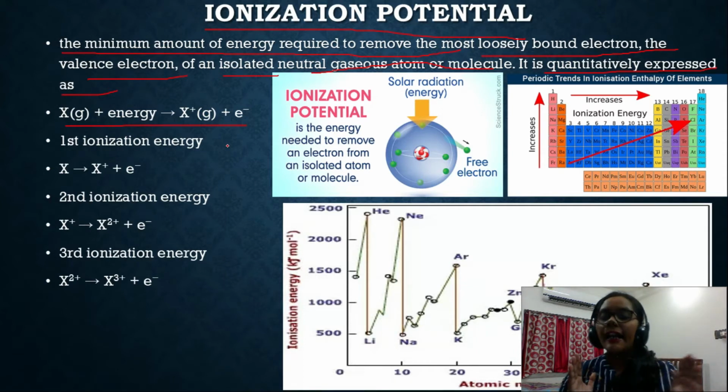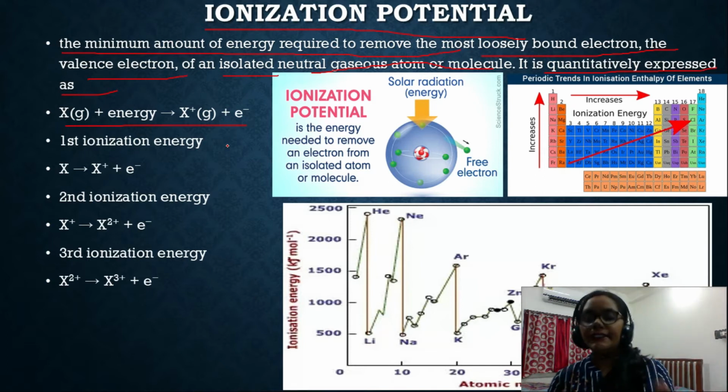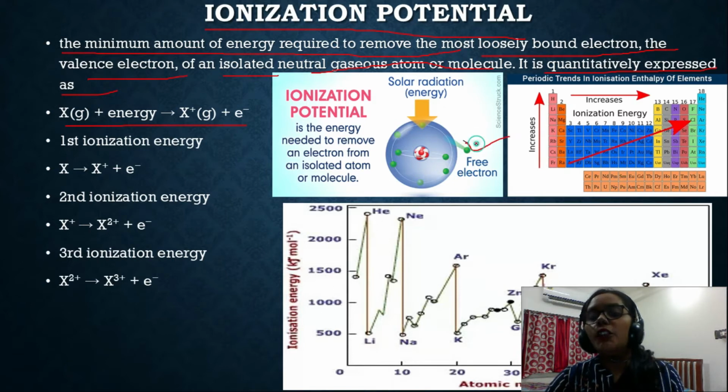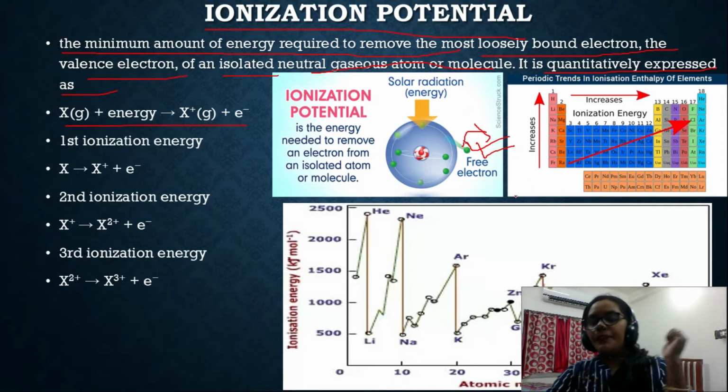So ionization potential or ionization energy is defined as follows: from the outermost orbital, if we want to remove one electron, okay, if we remove this electron from this outermost orbital, what will happen? Some energy we have to give, because this electron is attracted by the nucleus, right?